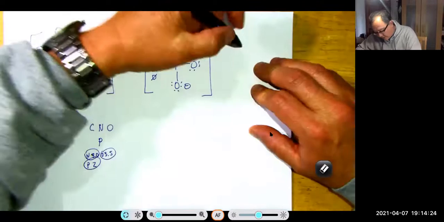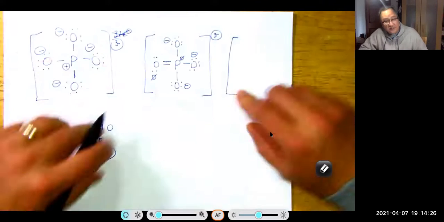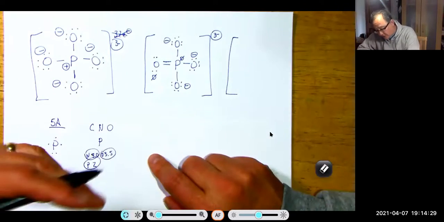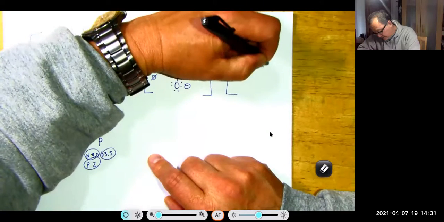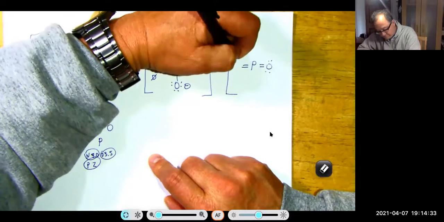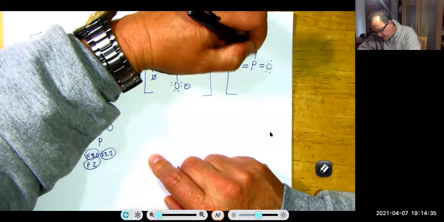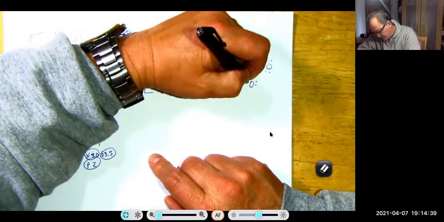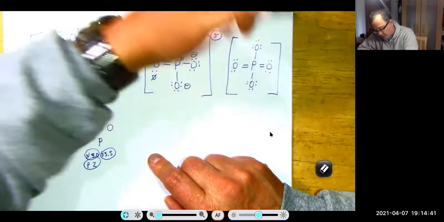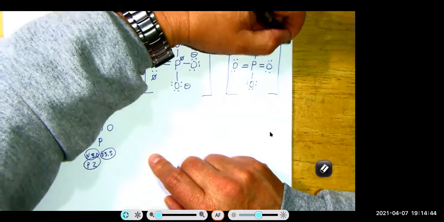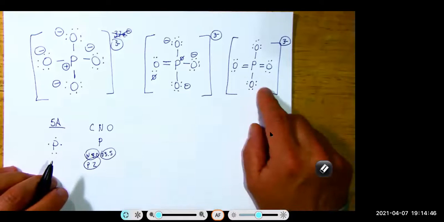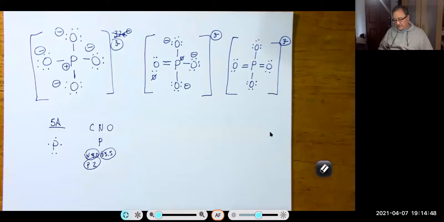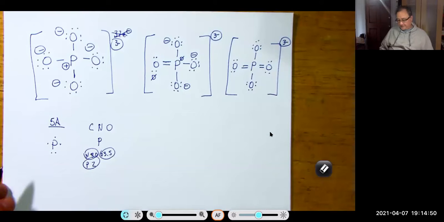Now, we had great luck with putting a double bond to one of these oxygens. Let's try putting a double bond to another one. Because I said you could have as many as 14 here, right? Because it's in the third period. I'm talking about phosphorus, of course. So here I put a double bond on 2 oxygens. Let's assign formal charges.